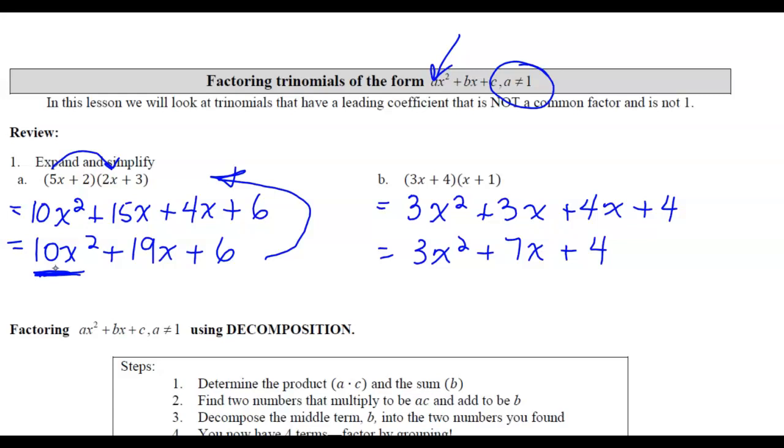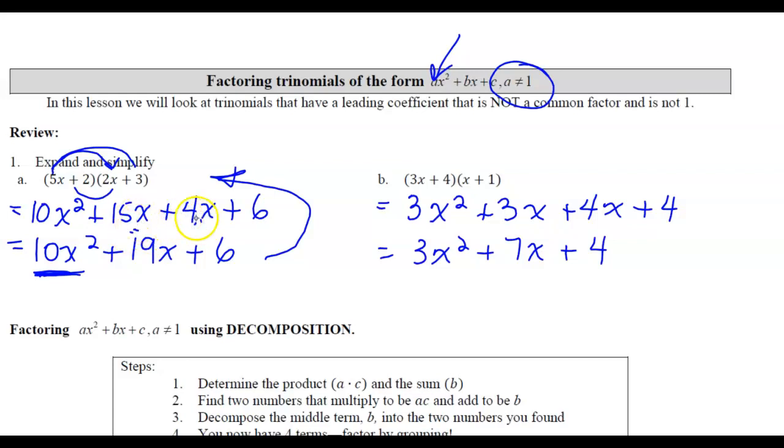Okay, then what do we look at? The outside is 15x, and the inside is 4x. Remember how yesterday when we found those two numbers that multiplied to the constant, they added to the middle term. So the outside and inside add to that middle term, these two.